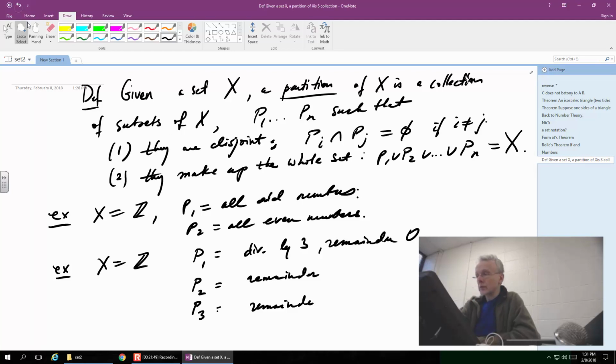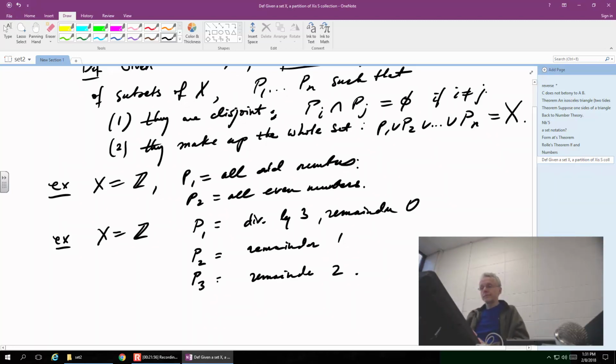Here remainder is 1 and the remainder is 2. So once again every integer is in either the first, the second or the third, one of the three, and they do not overlap.